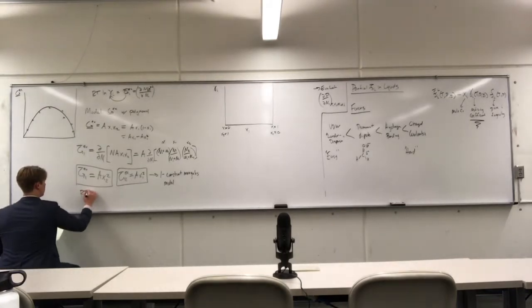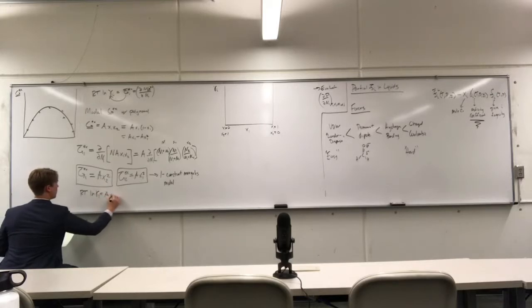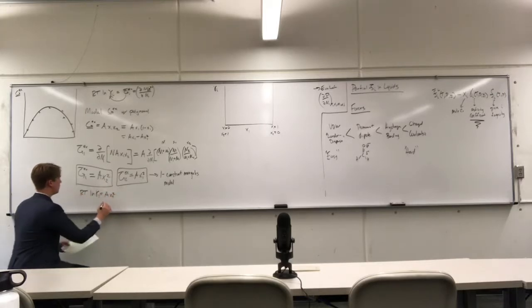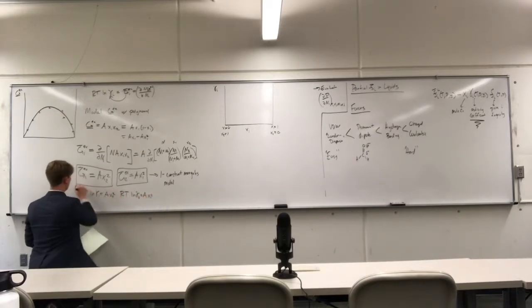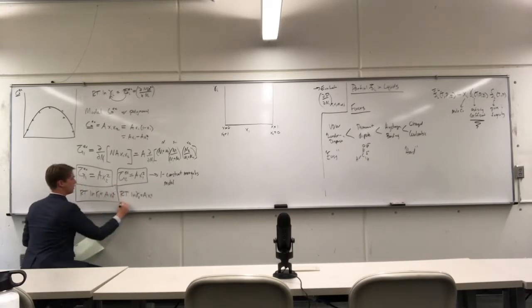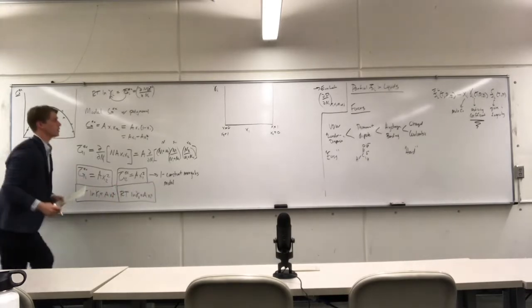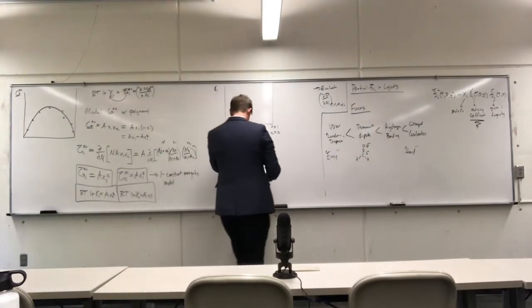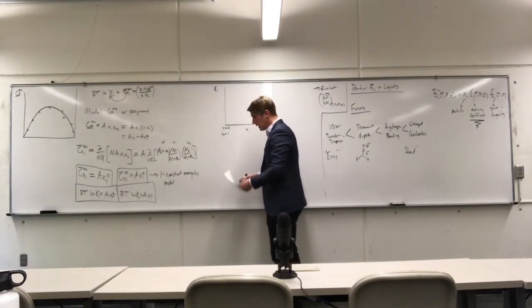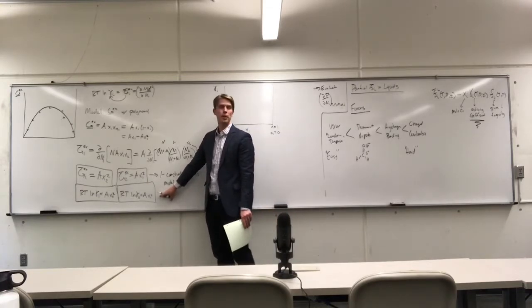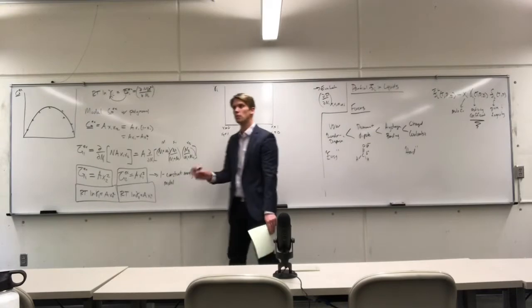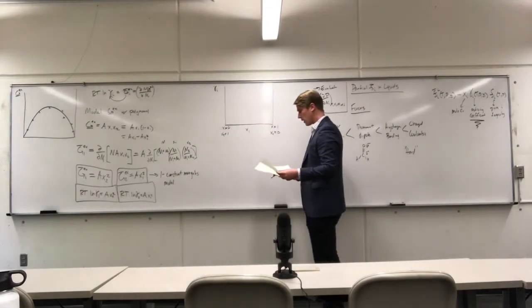So RT ln gamma, that actually gets us to our activity coefficient. The tricky thing about activity coefficients is they're exponential. They're exponentially dependent on the concentration, which means a very small change in concentration can really wreak havoc on things.